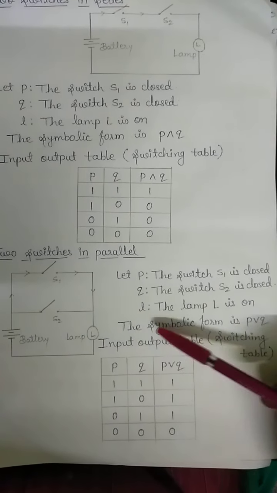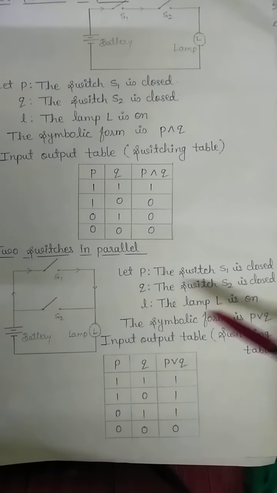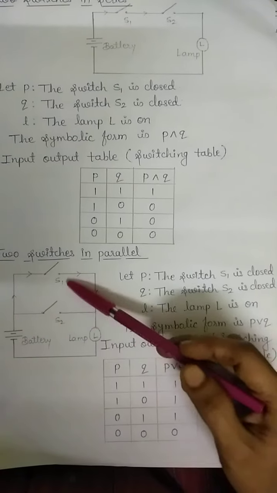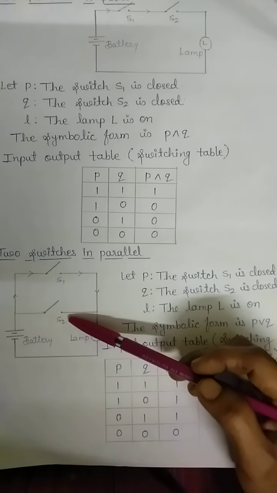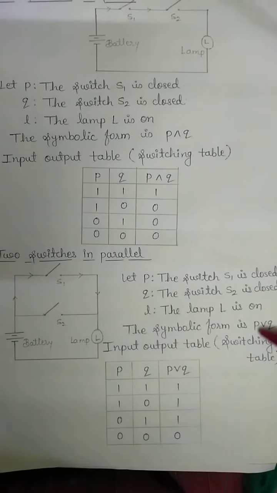Now here the symbolic form is P or Q. Whenever the two switches are connected in parallel, then we consider the logical connective OR.